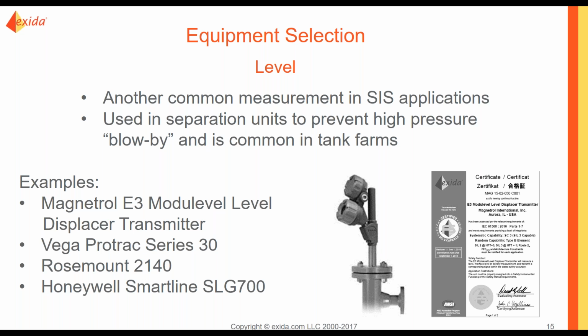This device uses a different method of level measurement. It actually is a buoyancy force acting upon a spring supported displacer caused by a liquid level change. If you want more examples of level switches and level transmitters, you can look on the SAEL for more certified devices.